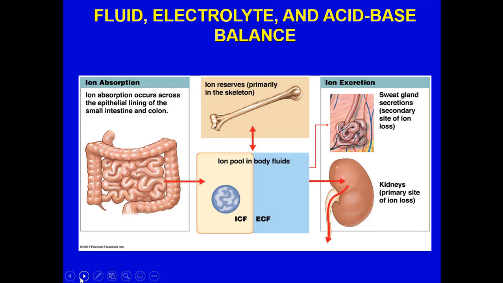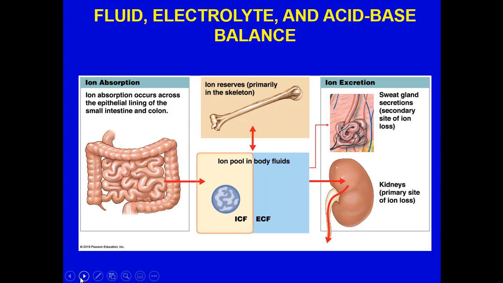Okay, let's move on. Here they just bring up the concept of ion absorption, and this occurs across the epithelial lining of the small intestine and colon. You will have some reserves, primarily in the skeleton, but that's mostly calcium and phosphate. You will have an ion pool in the body fluids, both ECF and ICF, but then we lose them.